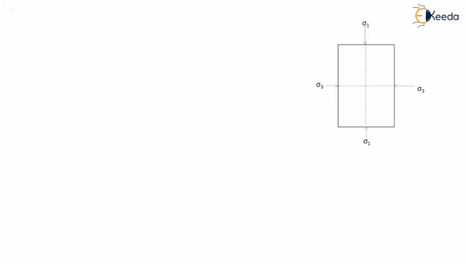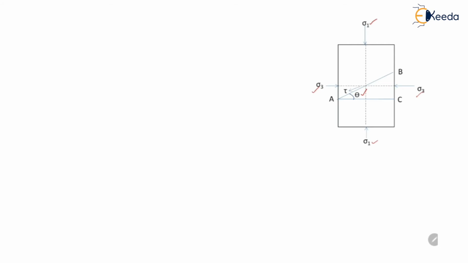For that, let us assume a prism which is subjected to major principal stress sigma 1 and minor principal stress sigma 3. Let AC be the surface which is parallel to the major principal plane. Let us assume a surface AB which is inclined at an angle theta with the major principal plane.